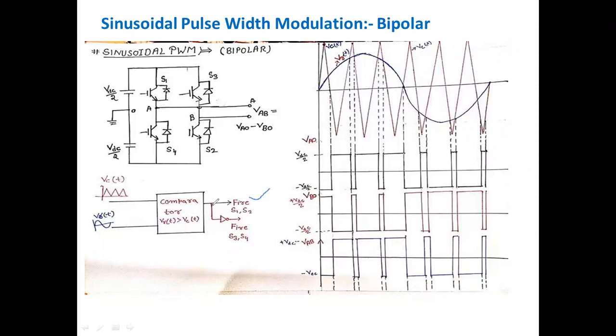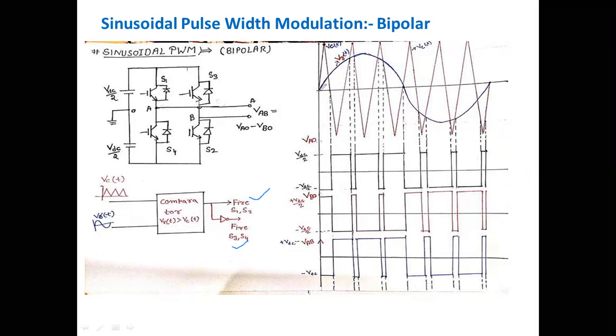If not, that is, if the carrier signal is not smaller than the reference signal, then fire the switches S3 and S4. Okay. According to this topology or this modeling, we will draw the waveform here.